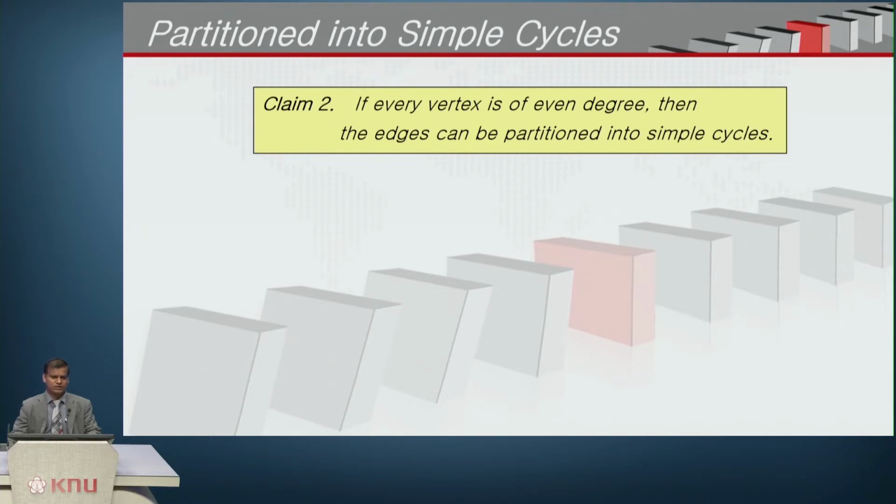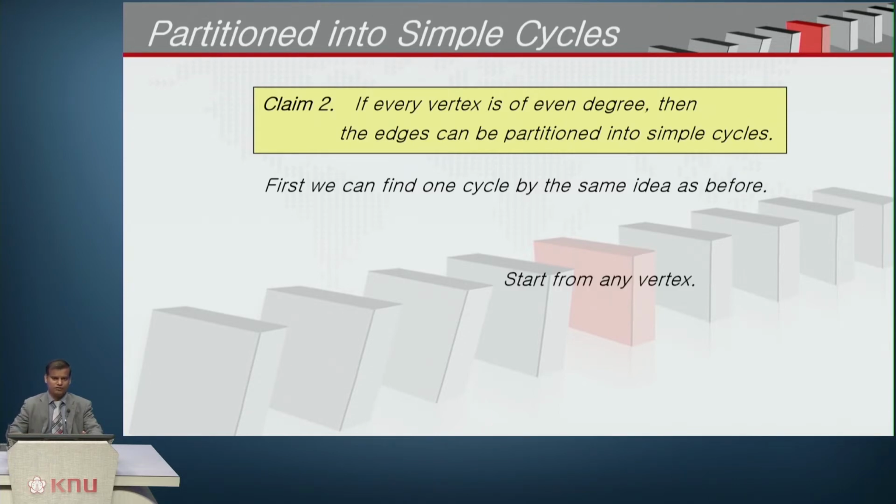Partitioned into simple cycles. Here is the claim that we have: if every vertex is of even degree, then the edges can be partitioned into simple cycles. First we can find out whether we have one cycle by the same idea as before.